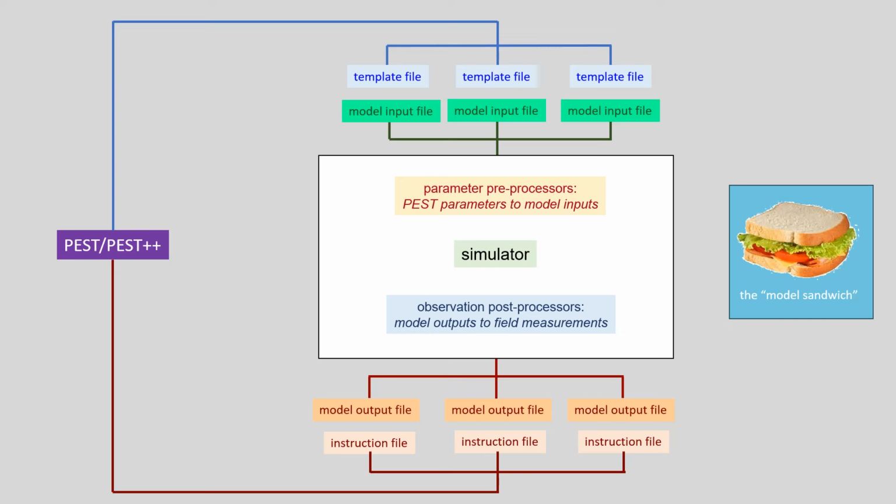They take the parameters that PEST or PEST++ adjusts, manipulate those parameters, and eventually write input files that the simulator can read. At the back end of the simulation process, post-processors read model output files, undertake temporal and spatial interpolation, and then write files containing numbers that are the model-generated counterparts to field observations.